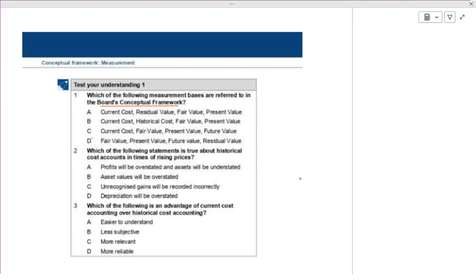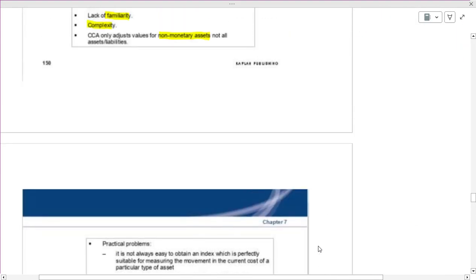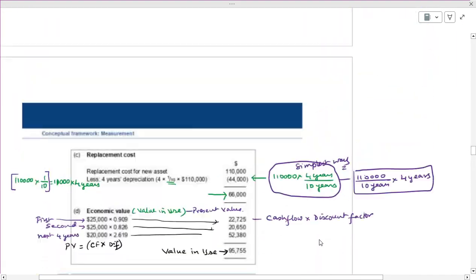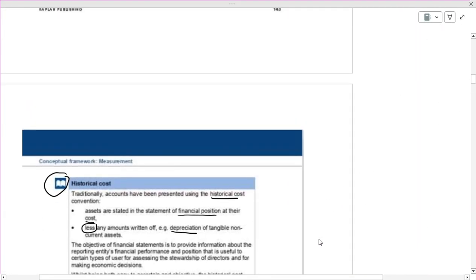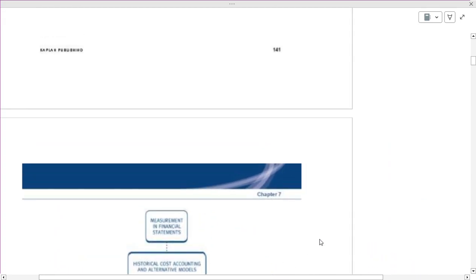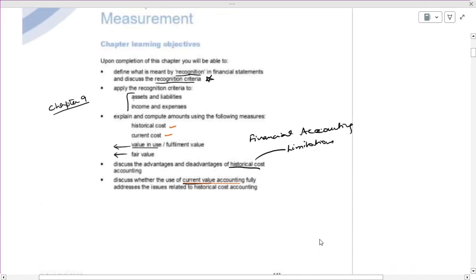We did the conceptual framework yesterday, last class. See the things. Explain and compute what?